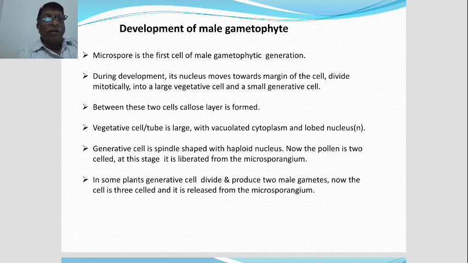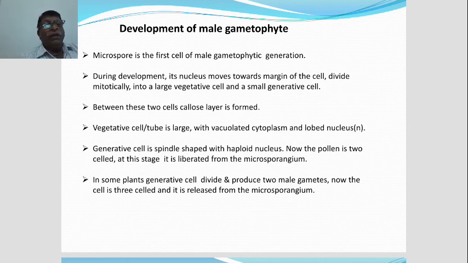If we examine, the nucleus is lobed. Lobed means not spherical. Now, the generative cell is spindle shaped with haploid nucleus.